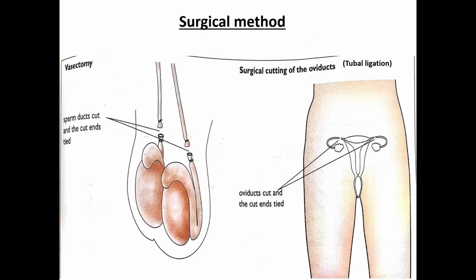Okay. Next one, surgical birth control, or the surgical method. One of it is called the vasectomy, and another one is female sterilization, where the sperm ducts are cut and the cut ends tied. And another one is the surgical cutting of the oviducts. So the vasectomy is to not allow any more sperm being ejaculated, and female sterilization is to stop the eggs reaching the uterus.